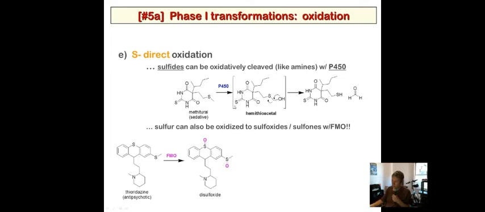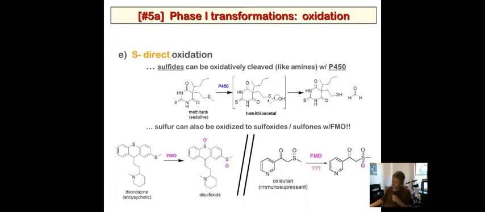And that's different than the P450 mechanism. It's a different metabolic system. And also, this is another one where we use FMO, not P450. This is going from a sulfoxide to a sulfone functional group. And this is oxisuran, an immunosuppressant drug.